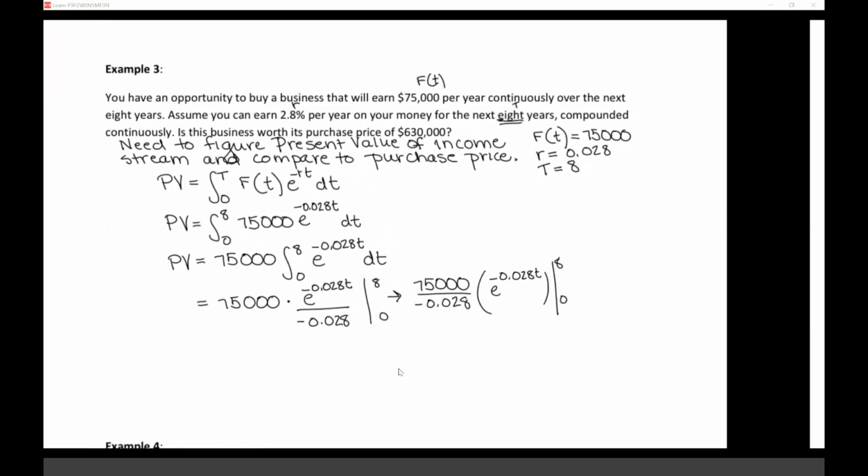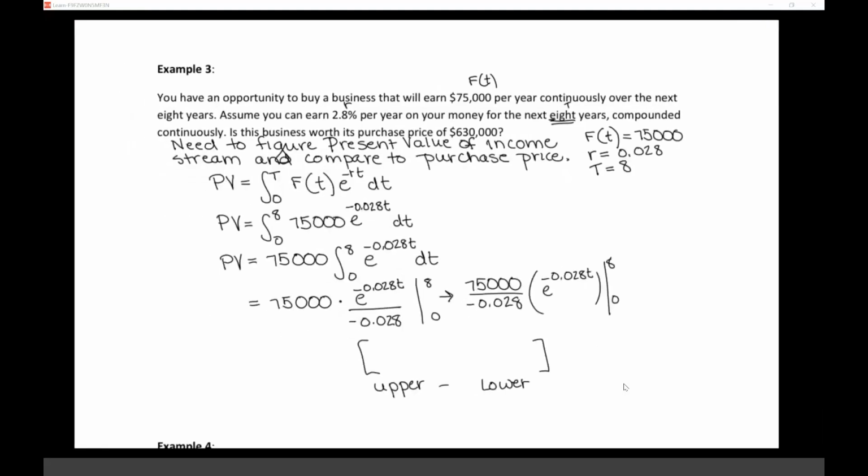So I just pull this out, and now it's out over here as part of this fraction. I don't have to evaluate it. I can do all that on a calculator. All right, so now I have to do the upper minus lower. And remember with exponentials, you can't just throw away a zero lower bound. That doesn't disappear.